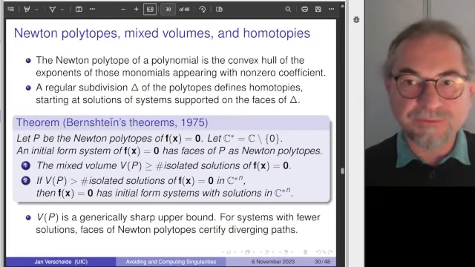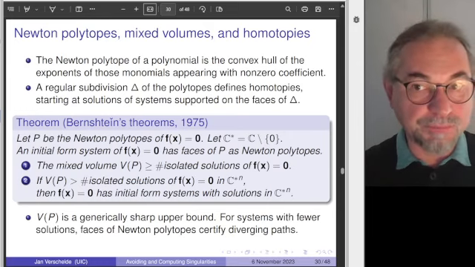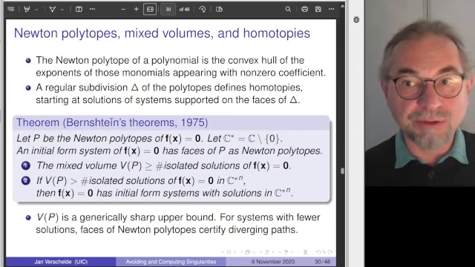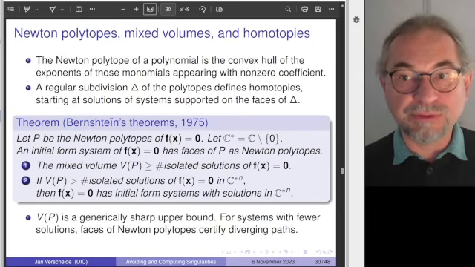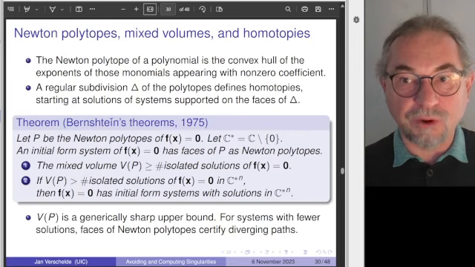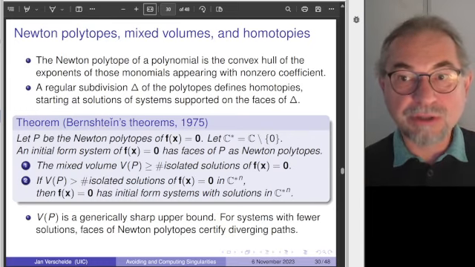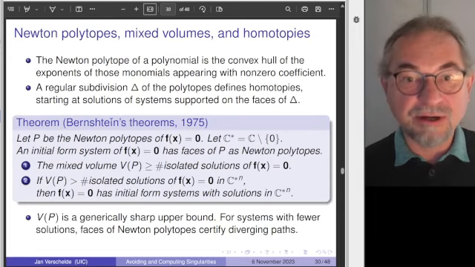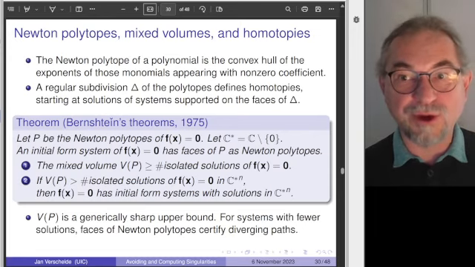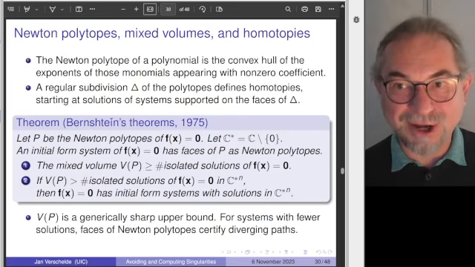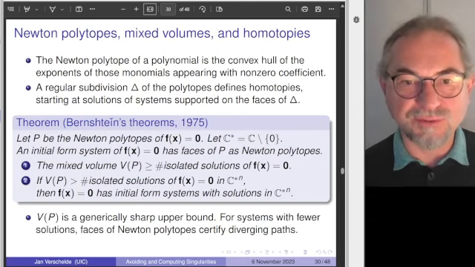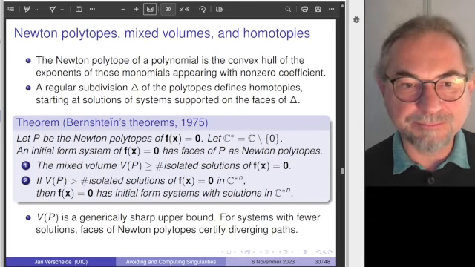Well, if you shift a polytope, you are multiplying with a monomial, so you are introducing solutions with 0 coordinates. But the volume doesn't change if you shift your polytope. So this indicates that the mixed volume will allow you to avoid counting those trivial solutions. Now there are stable mixed volumes that allow you to count these, and this is also incorporated in my software, by the way.